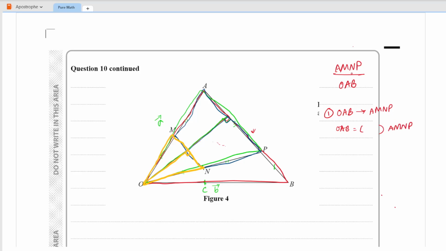In that case, we won't have OAB anymore. AMNP and AMNP get cancelled, so we are left with a number. Or option 2, we can write AMNP as a ratio of OAB. In that case, we will have AMNP is equal to something times OAB.